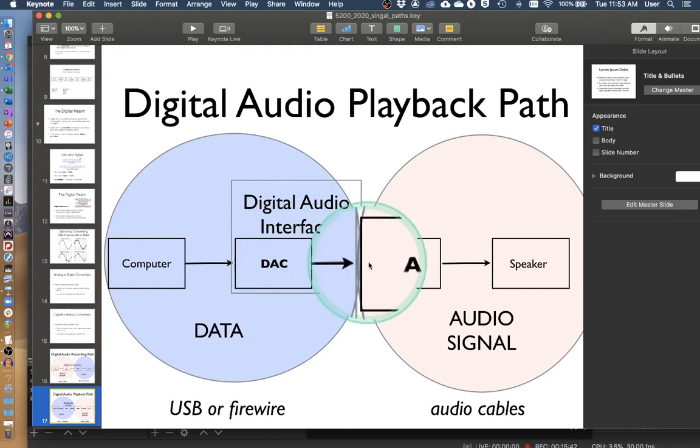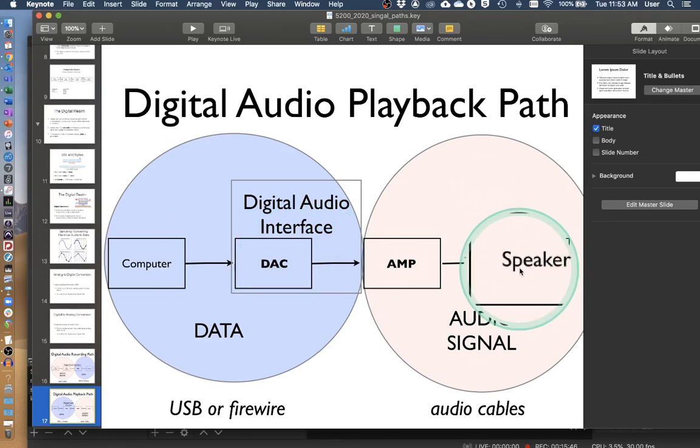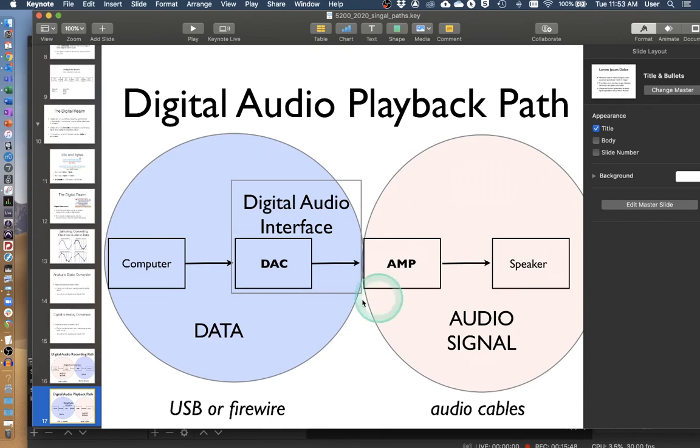That converter is then sending an electrical signal to your amplifier, which then goes to your speaker. And so this digital realm is then going to your electrical analog realm. Once it hits the speaker, it is also converting to the acoustic realm so that we can hear it because of our ears. We can hear it, and others can hear it too.